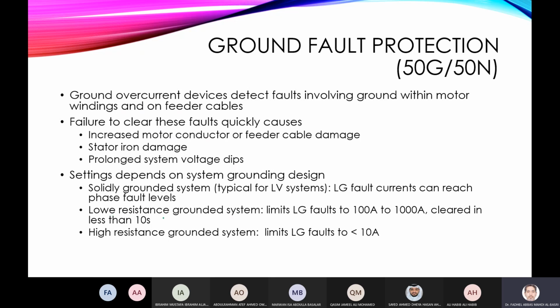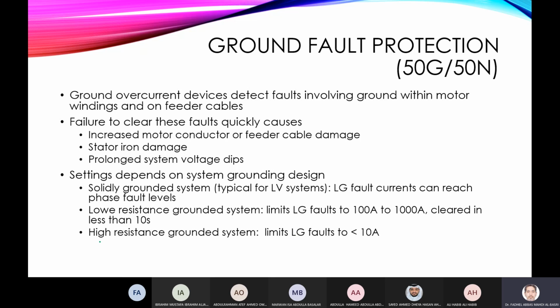But for low resistance grounded systems, we put resistances to limit the ground fault current to, let's say, 100 ampere to 1000 ampere. And the fault is normally allowed to be cleared within 10 seconds.